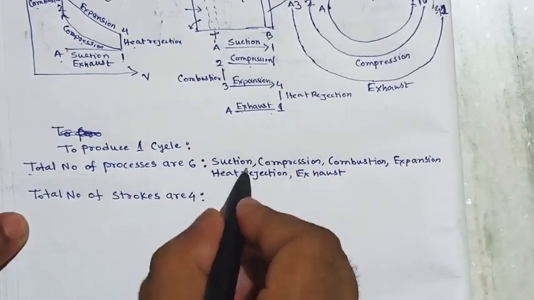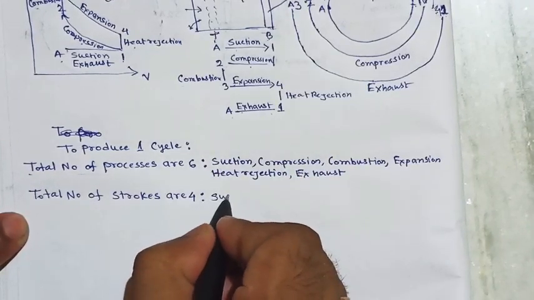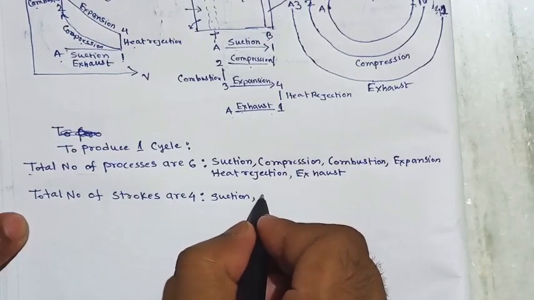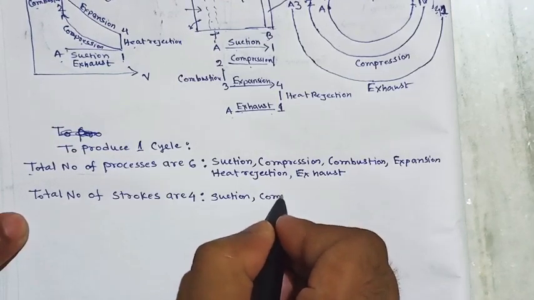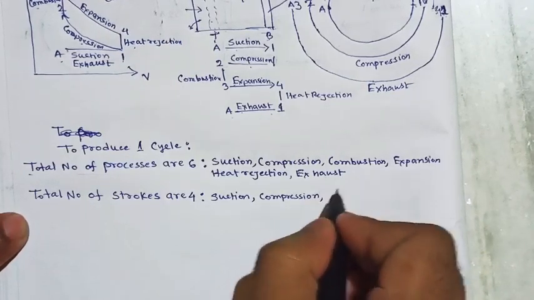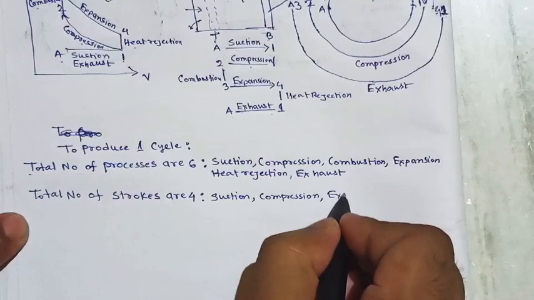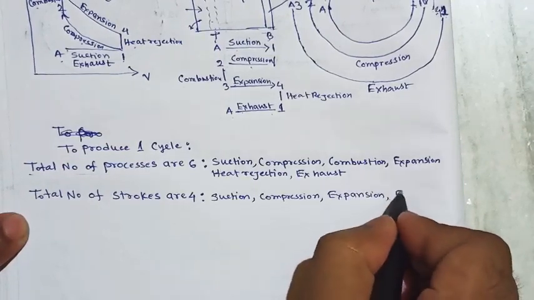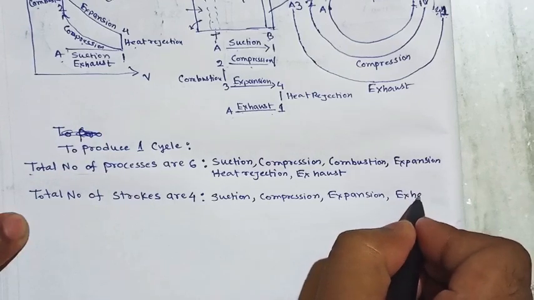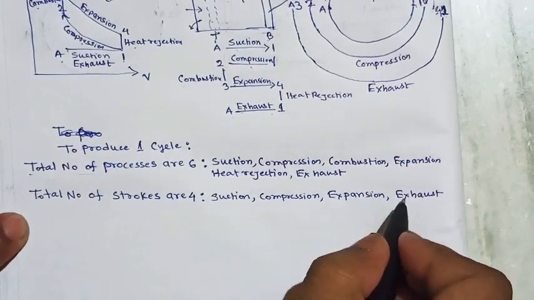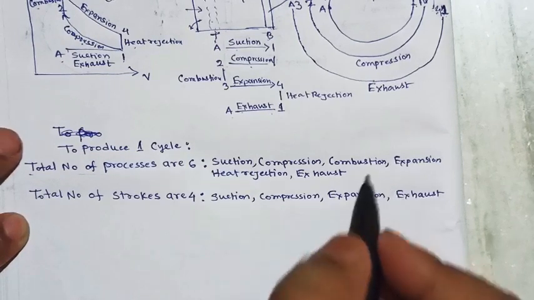So here the suction, then compression, expansion, exhaust. These 4 are the strokes.